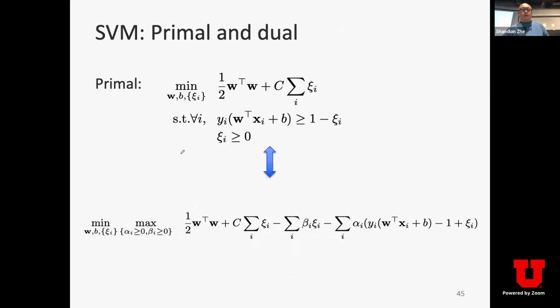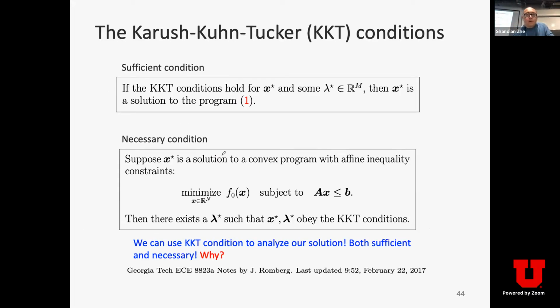This is the constraint form. Regarding w, b and the slack variables, they're just linear constraint functions, right? In other words, it is straightforward to organize the constraint in this affine form.